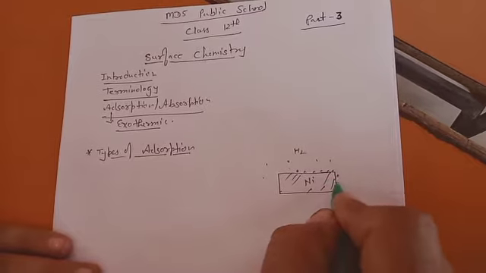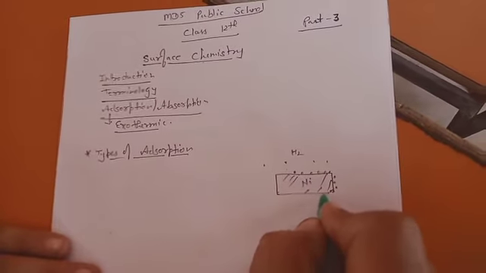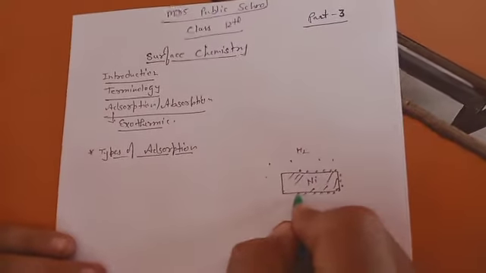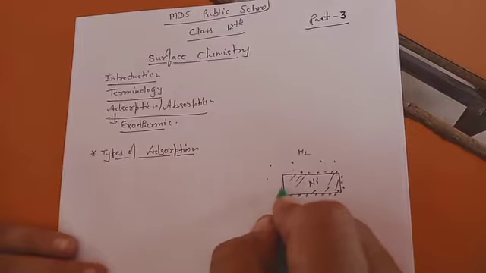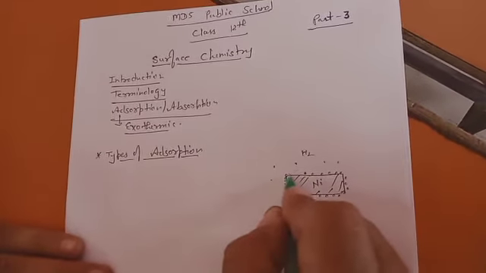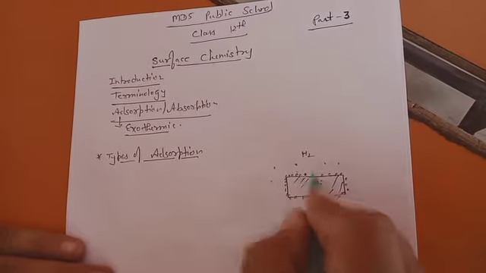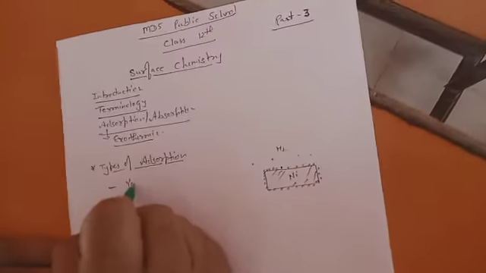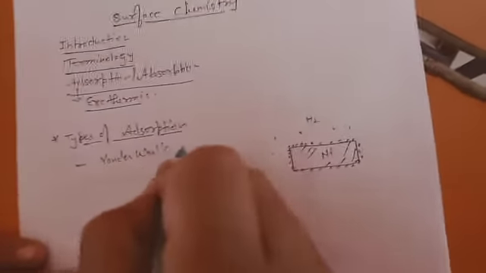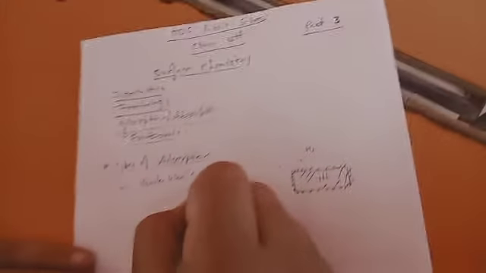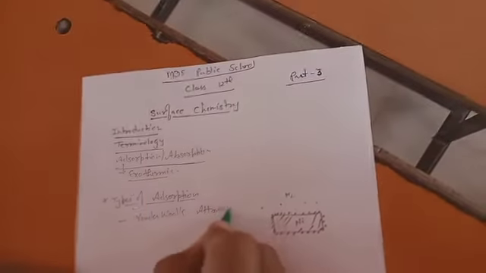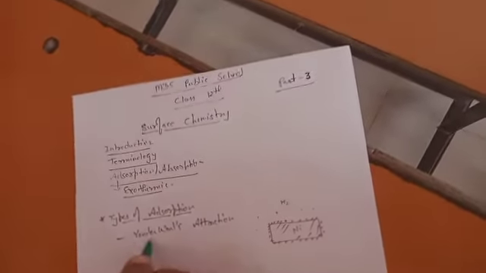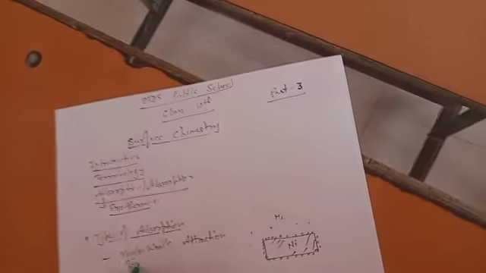The whole phenomenon is termed adsorption. Why do these molecules get attracted towards the surface? That is because of van der Waals attraction, the universal force. You learned in class 11 that van der Waals attraction forces exist.